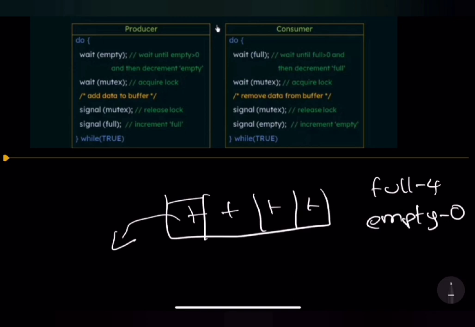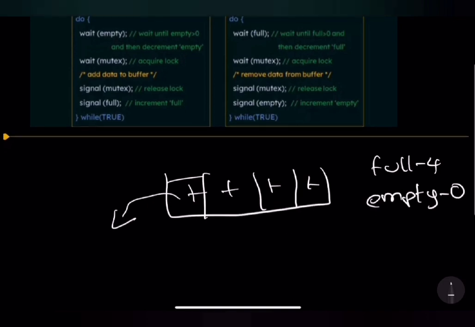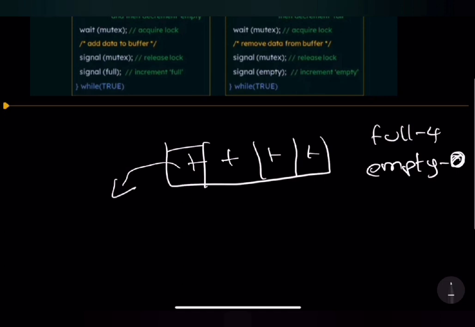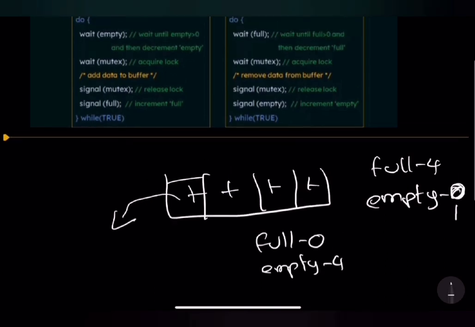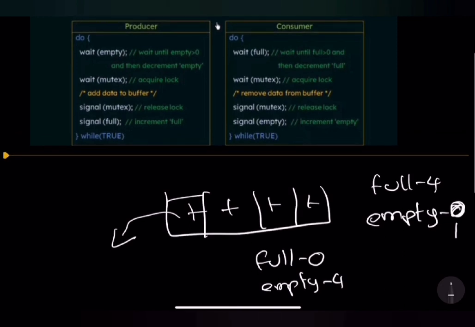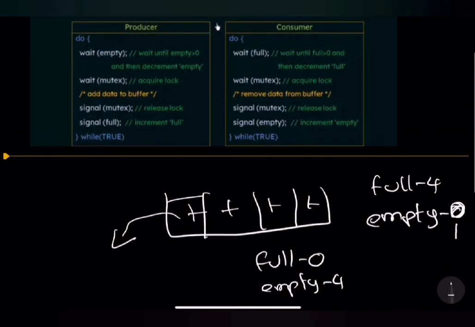After this, we release the lock using the signal call, and then we increment empty, so the value of empty becomes 1. This process repeats until the value of full becomes 0 and empty becomes 4. When this stage is reached, full is 0, so the wait function fails and gets out. This is how the consumer should work. Thank you.